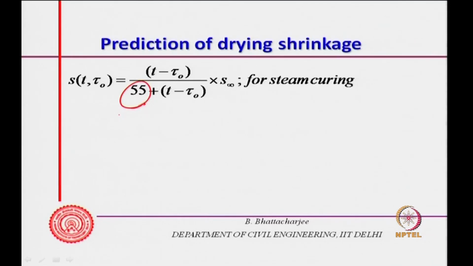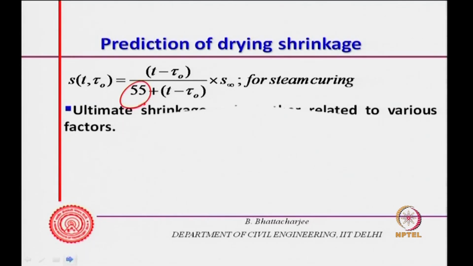So, for steam curing, the shrinkage at any time t, when drying has started from t0, is related to the ultimate shrinkage.